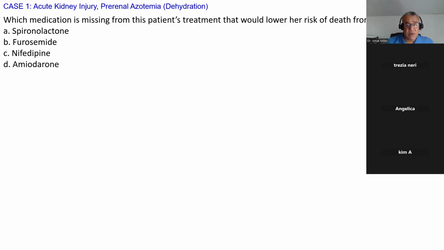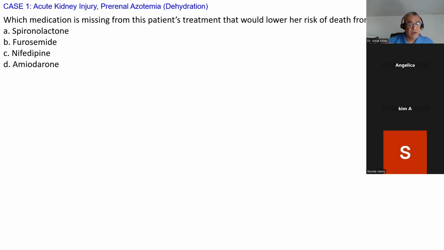Actually, it's a mineralocorticoid receptor antagonist. This drug is different from furosemide because it's a hormone-like medication, like a steroid, which is spironolactone, Aldactone.